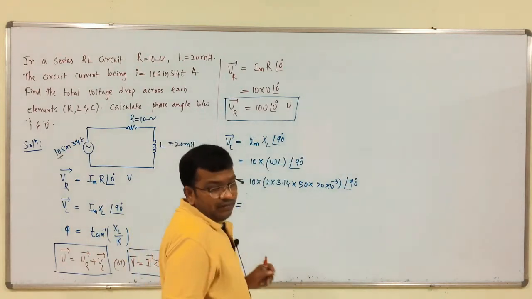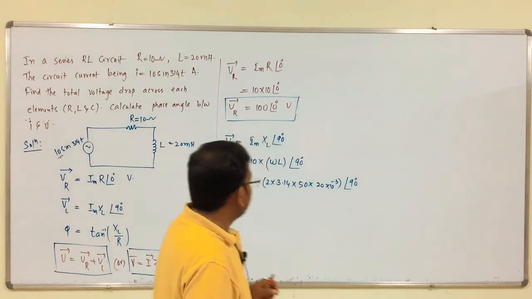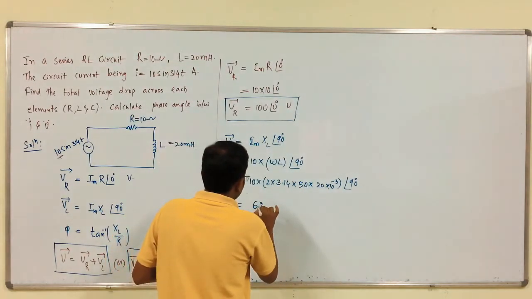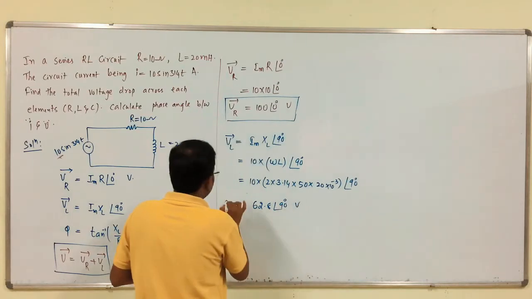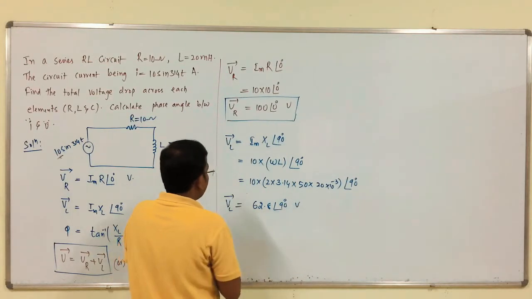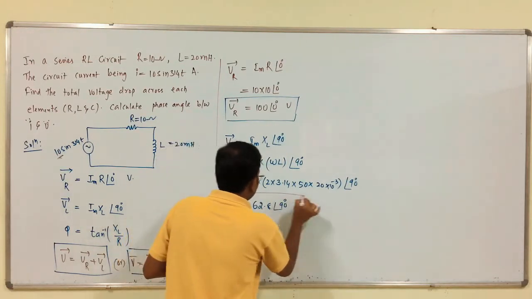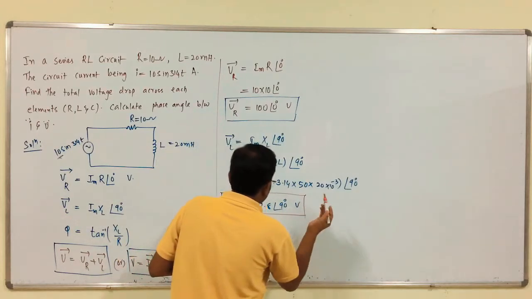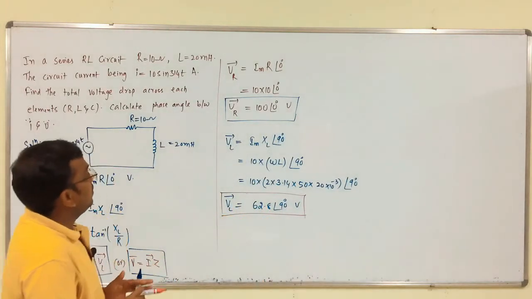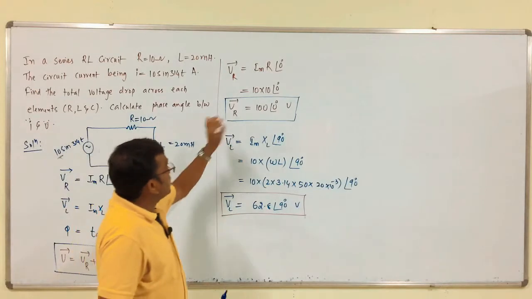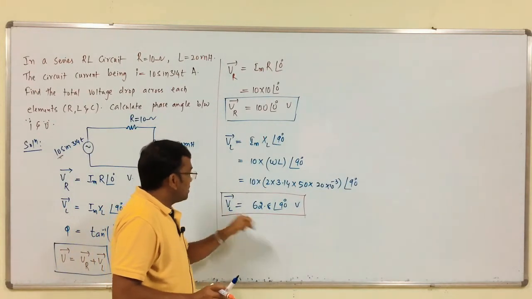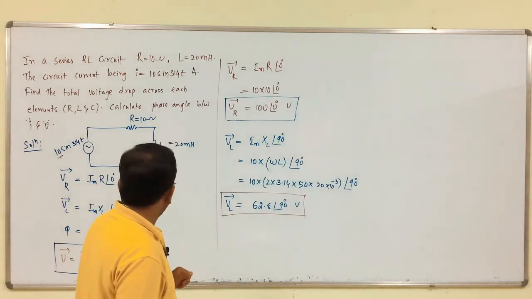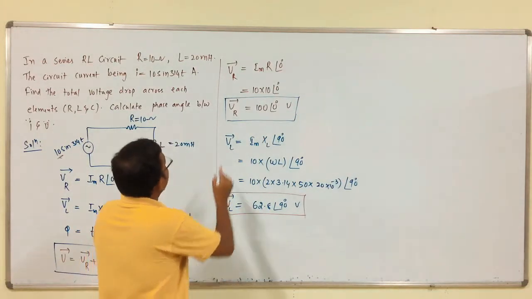Finally we got 62.8 at an angle 90 degrees. This is the voltage across the inductor. So the voltage drop across the resistor is 100 volts and across the inductor is 62.8 volts.